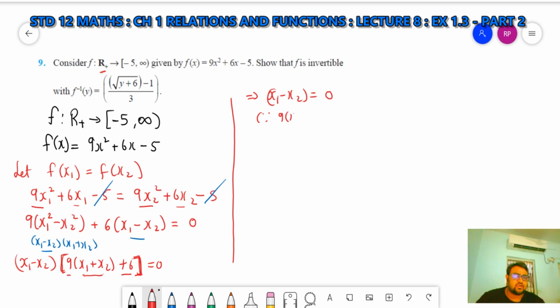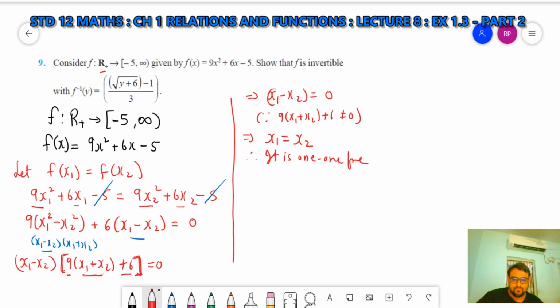Because 9 into x1 plus x2 plus 6 is not equal to 0. In ordinary case, you are writing either first bracket is equal to 0 or second is equal to 0. But here clearly this is not equal to 0. So x1 minus x2 is equal to 0. So what does that mean? x1 is equal to x2. Here we started with f(x1) equal to f(x2) and we proved x1 equal to x2. Therefore, it is 1-1 function.